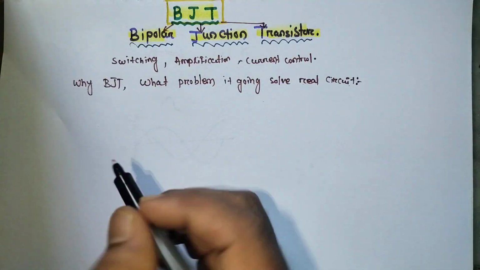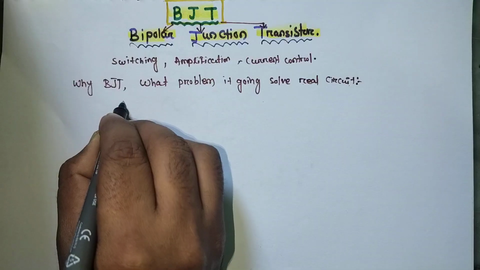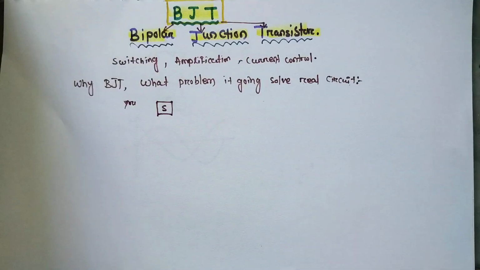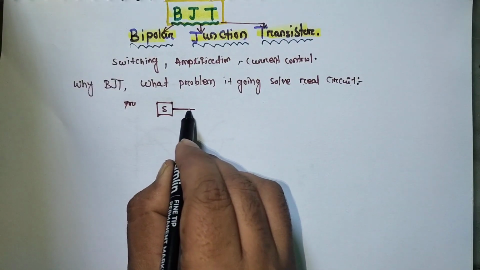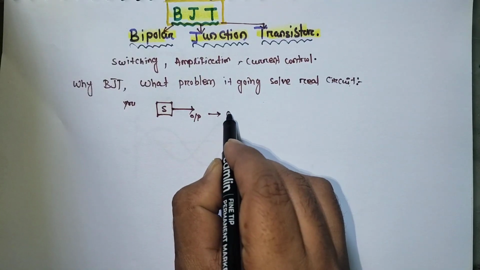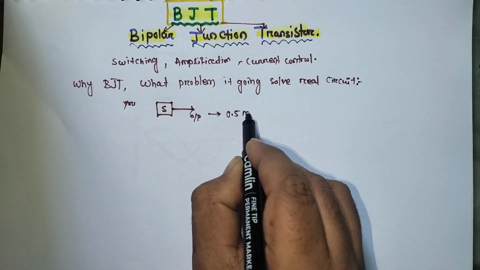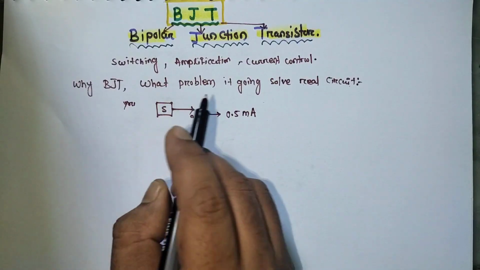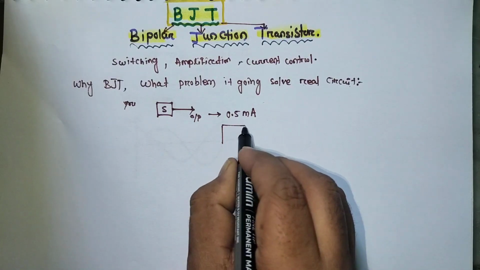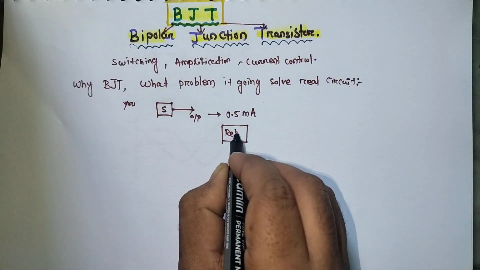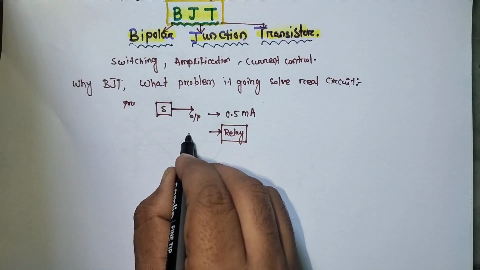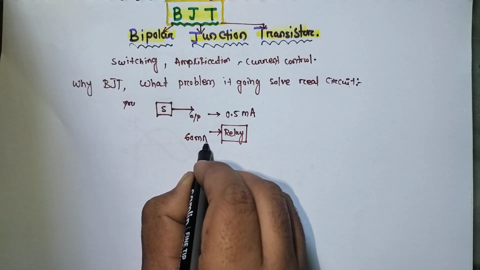Suppose, for example, you have a sensor. This sensor gives some output signal, but the output current rating is only 0.5 milliampere. Through this sensor we want to control a relay. The input current required to operate this relay is 60 milliampere.